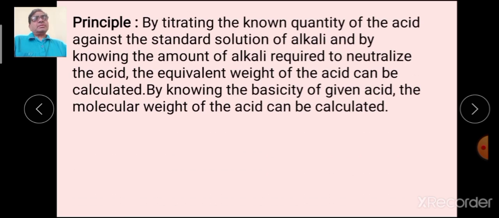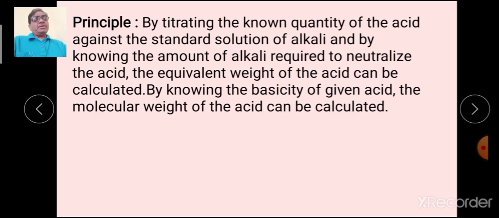Now the principle of the experiment: by titrating the known quantity of the acid against standard solution of alkali, and by knowing the amount of alkali required to neutralize the acid, the equivalent weight of the acid can be calculated.